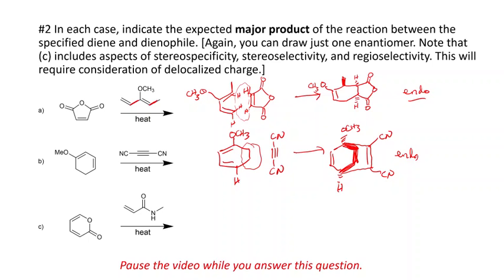I will draw it a slightly different way, the way you'd probably see in a book, which is kind of looking at it from this direction. Usually the way this is done is by drawing a boat conformation first. And connecting it over here.